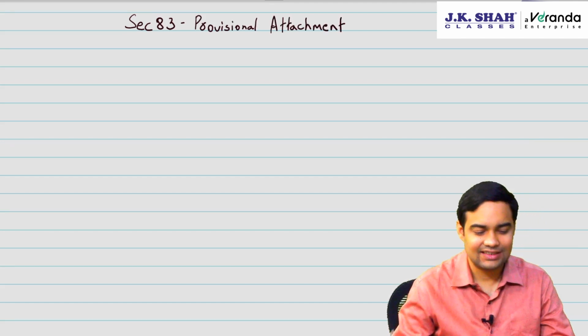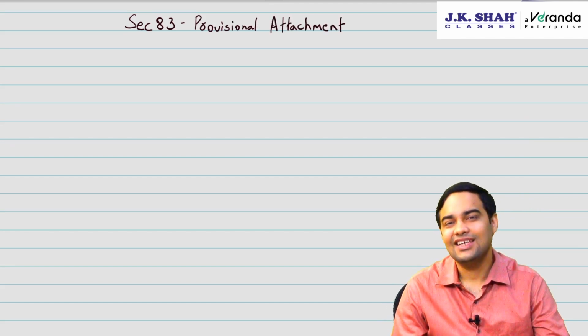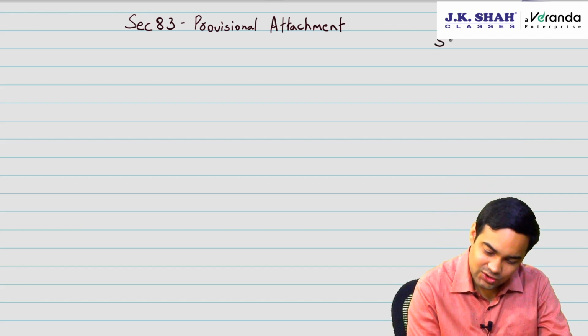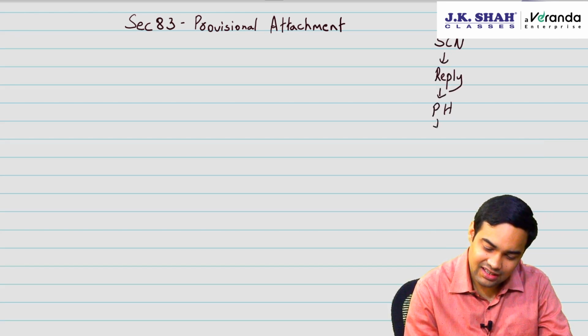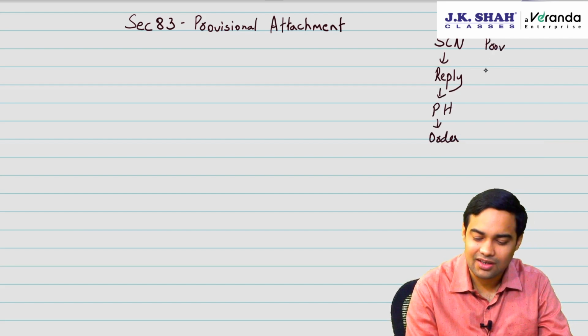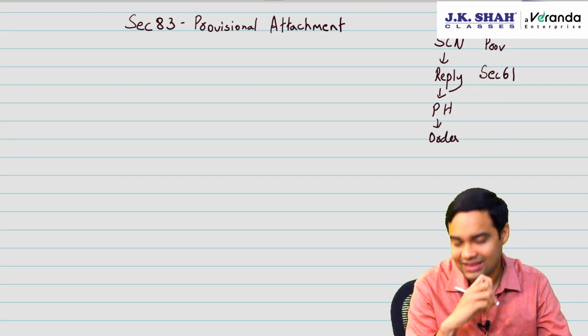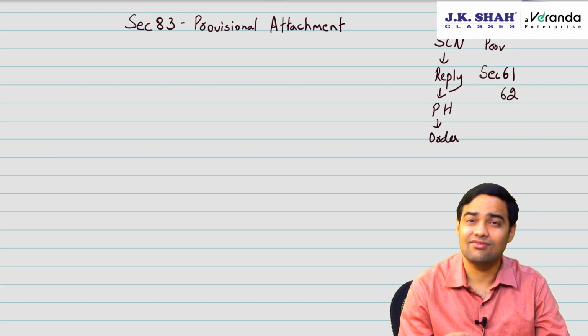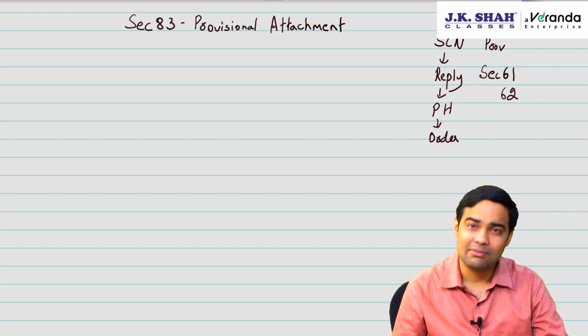Provisional attachment. Now see, all the proceedings will take time: issue of show cause notice, then reply, then personal hearing, then order. In fact, if provisional assessment has started, or assessment scrutiny under section 61 has started, or best judgment assessment has started, all this will take a lot of time.